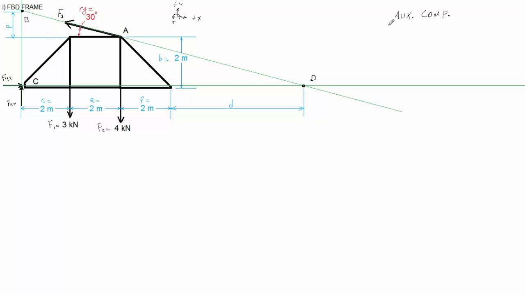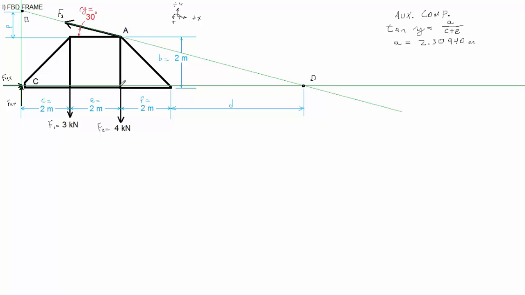So I can say the tangent of gamma equals A divided by C plus E. So solving that for A will tell me that A is 2.30940 meters.